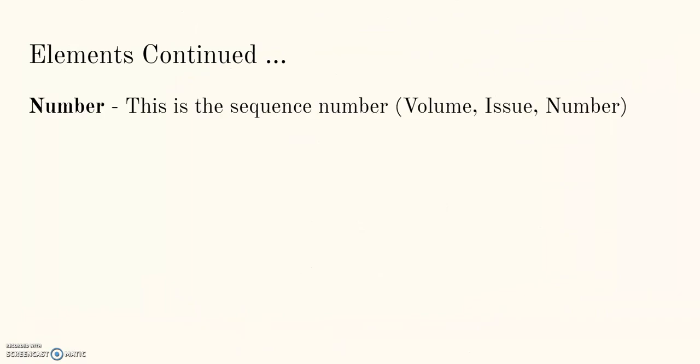The number, this can be a little bit confusing. It does not mean page number. It means the volume or the issue number that help identify the very specific publication that you're pulling this information from. So say you're working with an encyclopedia like Encyclopedia Britannica, and it has several volumes that go across an alphabetical orientation of terms and definitions.